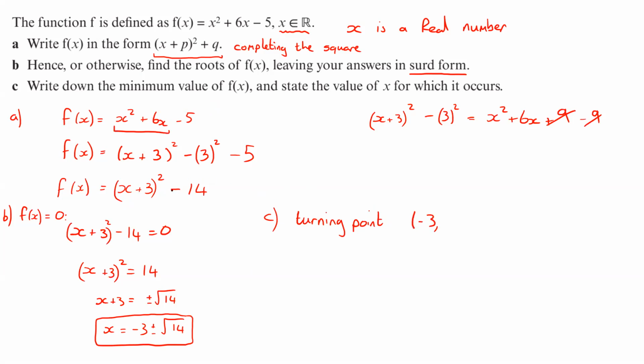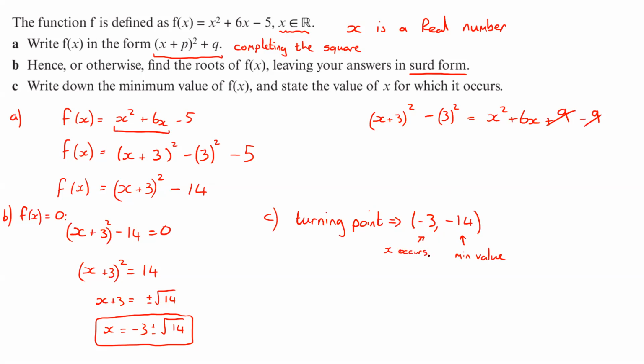And this end bit is the smallest value it can be, or the minimum value. So that's minus 14. So this is the turning point. What that actually means is that at x equals minus 3, the lowest value y can ever be is minus 14. So this bit here is the minimum value of the function. That's what it's asking for. This bit is the x value for which it occurs.